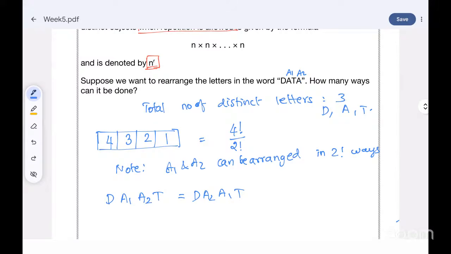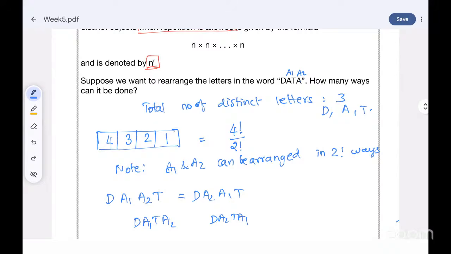Do you understand? So every time you have this kind of arrangement, the same thing is possible again. You can imagine that as this, so it is kind of repeating every time. So you are dividing by 2 factorial and not subtracting that.